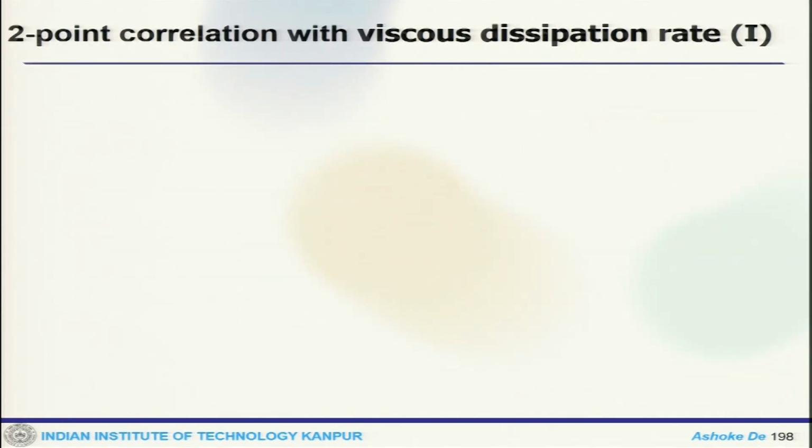Now we can define another microscale, which is called the Taylor microscale, lambda 11.